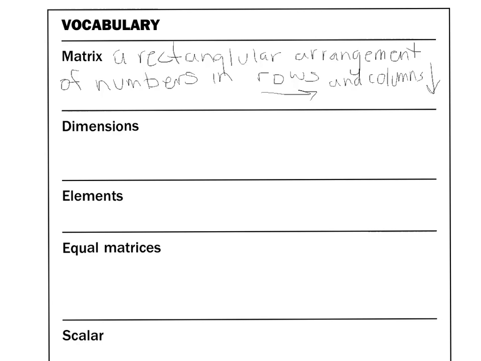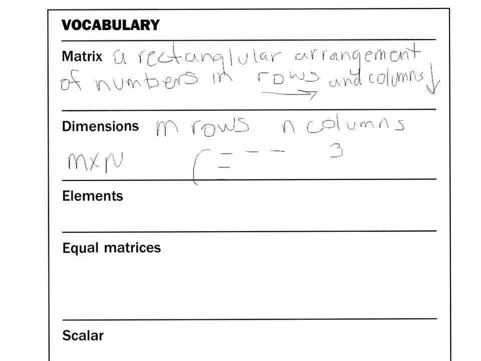Okay, dimensions. A dimension of a matrix has m rows and n columns. So an m by n matrix will be something that has m number of rows and then n number of columns down.